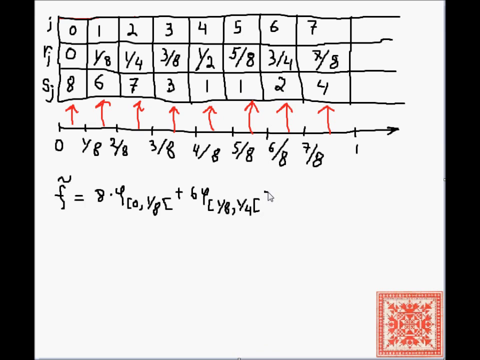Plus 7 times phi on the interval from 1/4 included to 3 over 8 excluded.